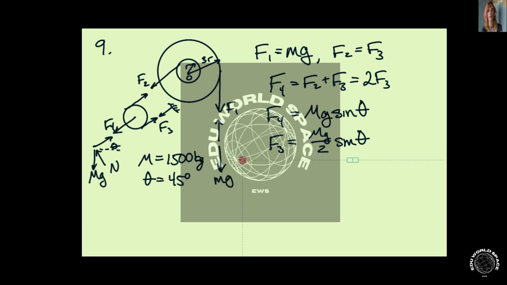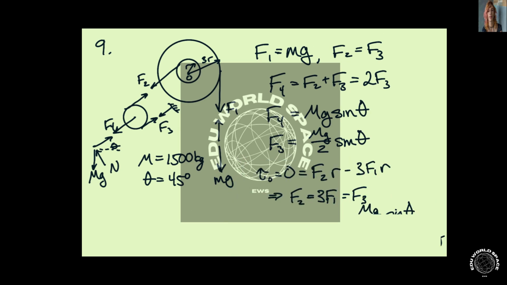Now F4 also equals, if we just do some vector components here, figure out the component along this direction of the weight, and that is capital Mg sine theta is F4, to keep this in equilibrium in this direction. And then that means that we can plug in, we can solve for F3, since we know F4, F3 is capital Mg sine theta over 2.